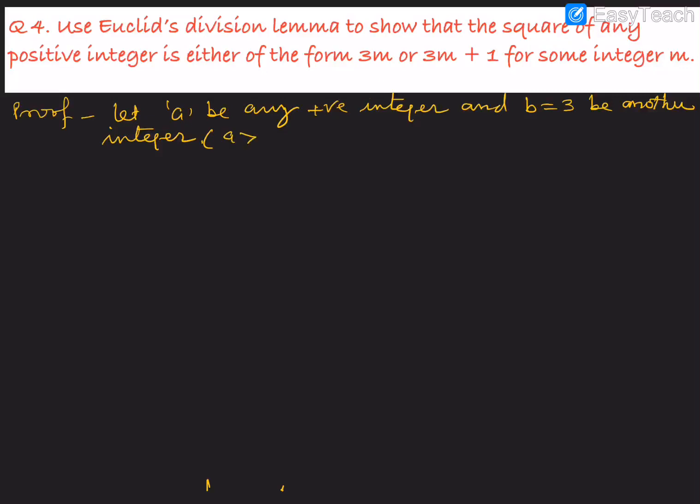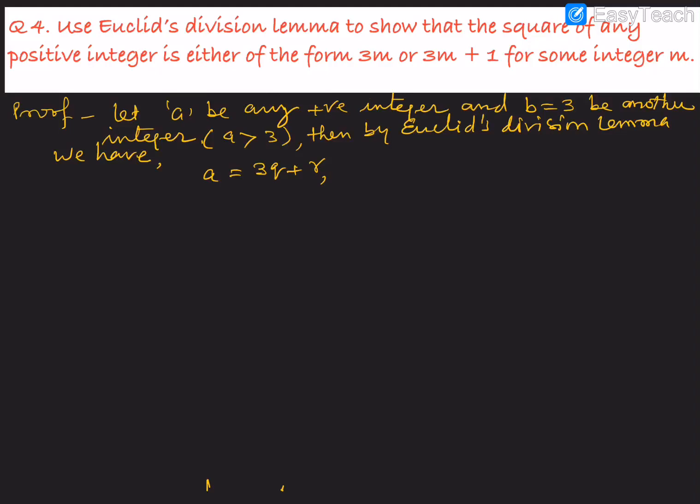Assuming that a is greater than 3, then by Euclid's division lemma, we have a is equal to 3q plus r, where q is the quotient, r is the remainder when a is divided by 3.